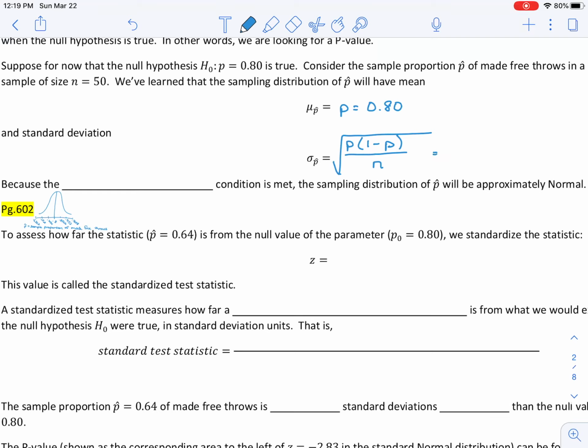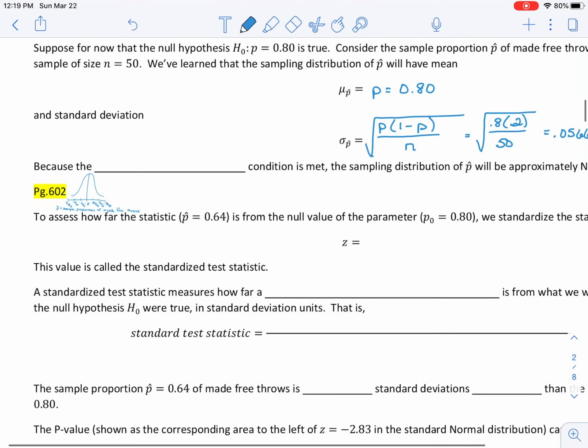So for this problem, again, we are assuming p is 0.8, 1 minus p is 0.2. This was going to be used with a sample of size 50. So I'm seeing the typical distance our p-hat values are going to deviate from 80%, if we repeat many, many, many times, is about 0.0566.